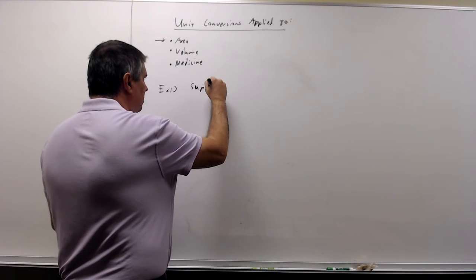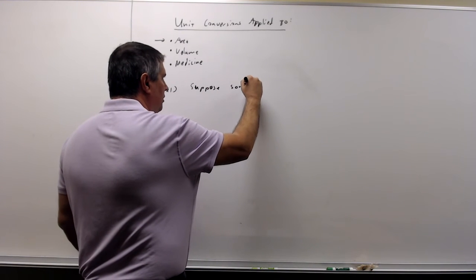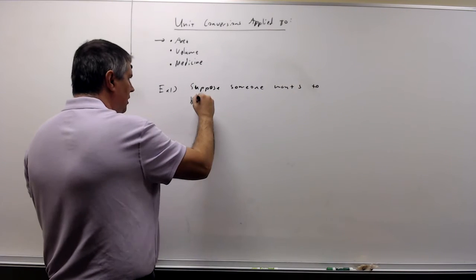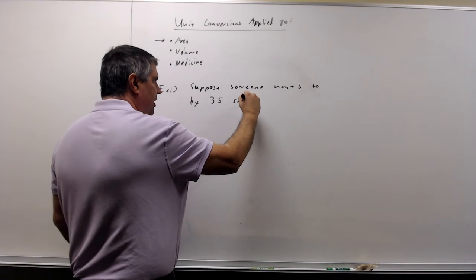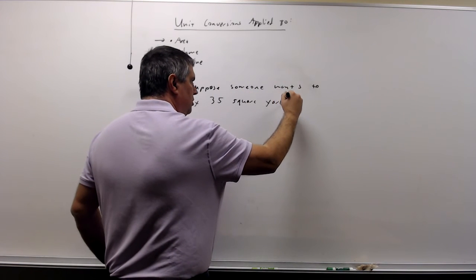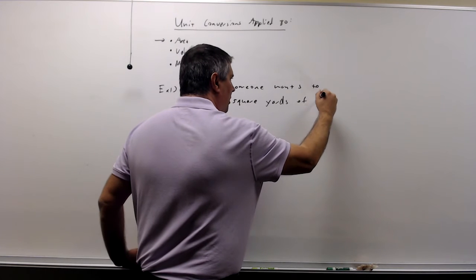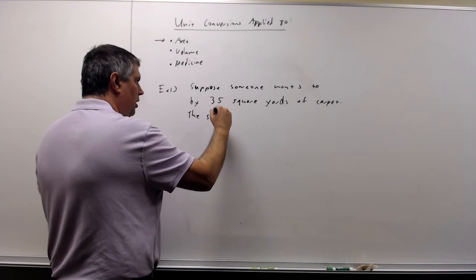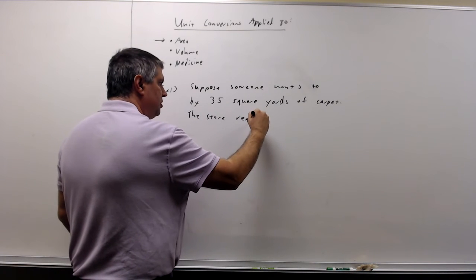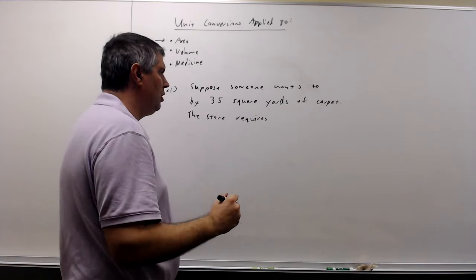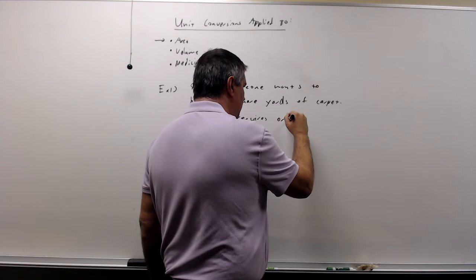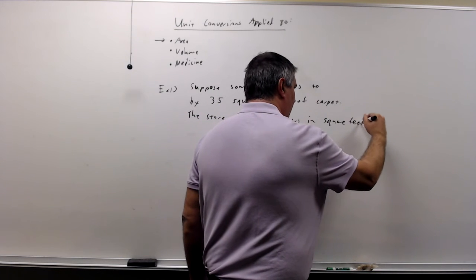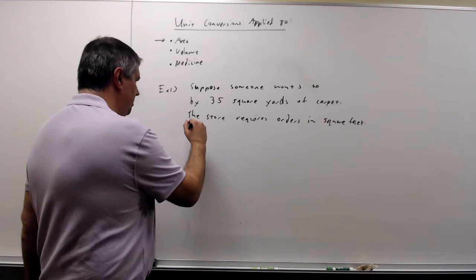Suppose someone wants to buy 35 square yards of carpet. The store requires orders in square feet. Convert.